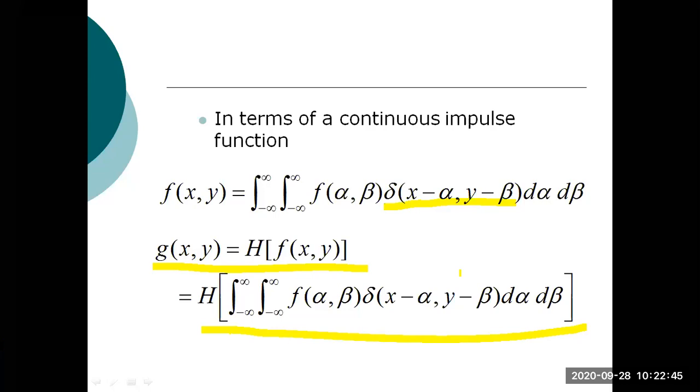So let us consider that your f of x comma y is decomposed with impulses. Actually, this is a two-dimensional function, and if you decompose into impulse functions in the continuous domain, first we have to check in the continuous domain, continuous time. If you use integration, that is continuous. If you use summation, that is discrete.